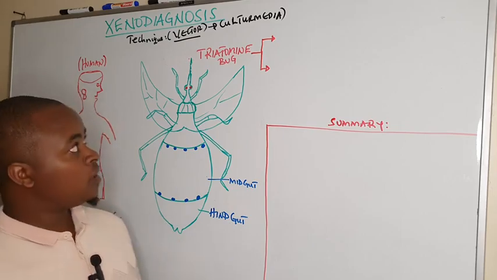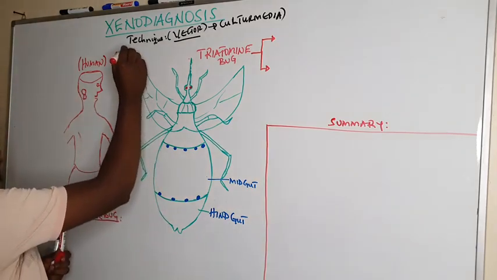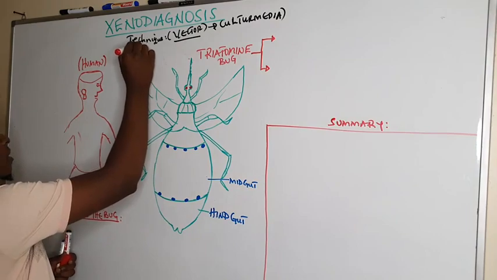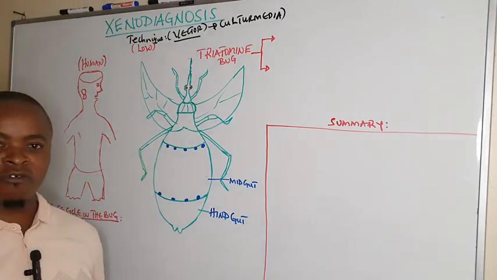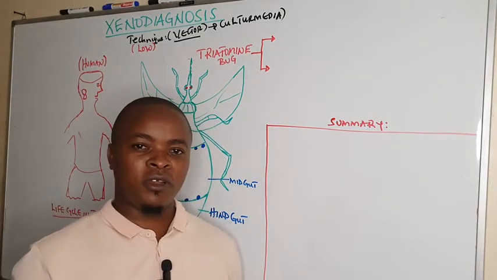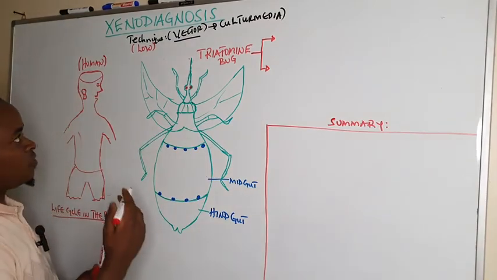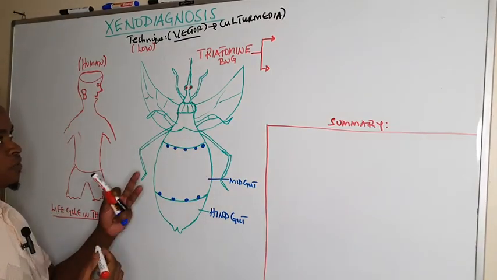This method is used when the parasitemia is low, meaning the concentration of the parasites is low.